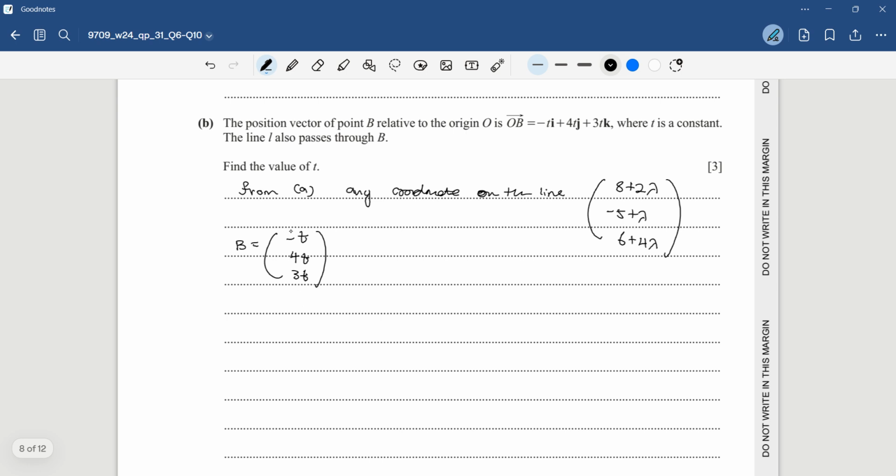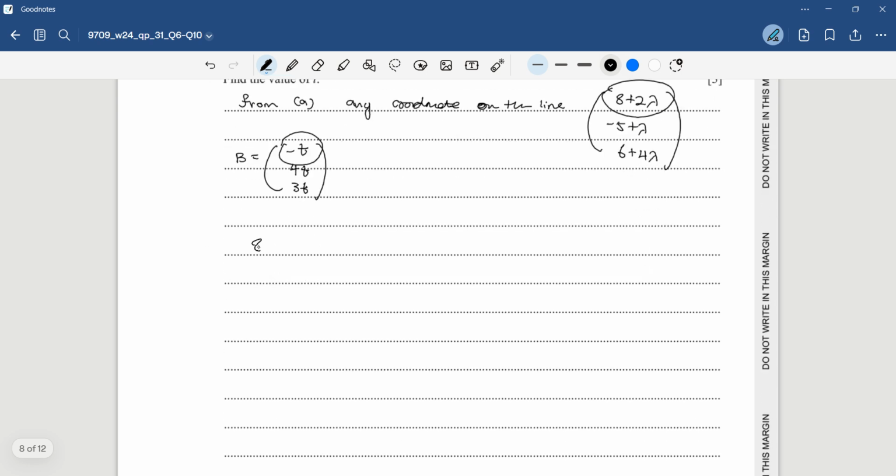So the x coordinate of this and the x coordinate of this must be the same because they are on the same line. So 8 + 2 lambda = −t. You can rewrite as 2 lambda + t = 8. This will be our first equation. For the second equation, you use your y coordinate, where −5 + lambda = 4t.